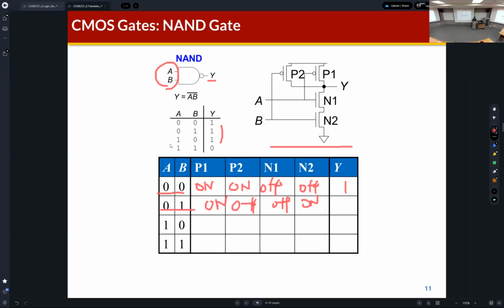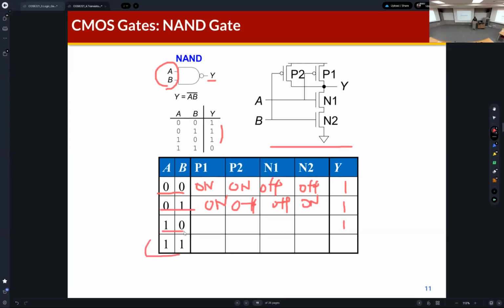So Y is disconnected from ground, and Y is connected to the VDD. So this is 1. And this is the same. If we use 1, 0, it's off, on, off. Okay, so this is 1.